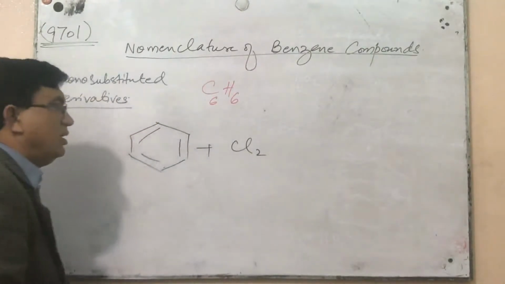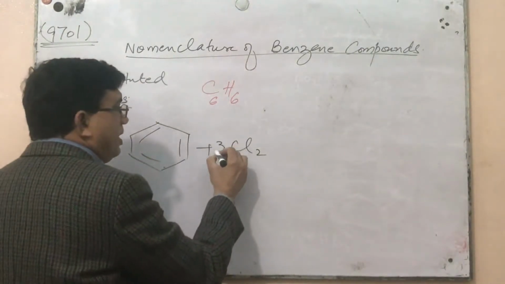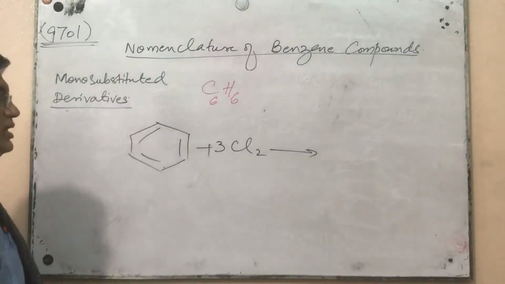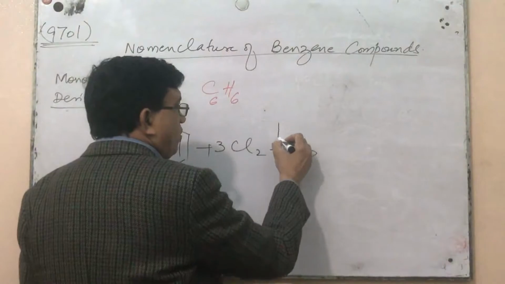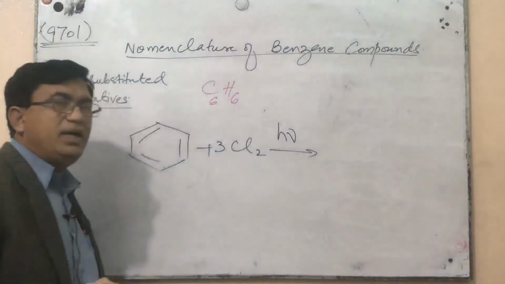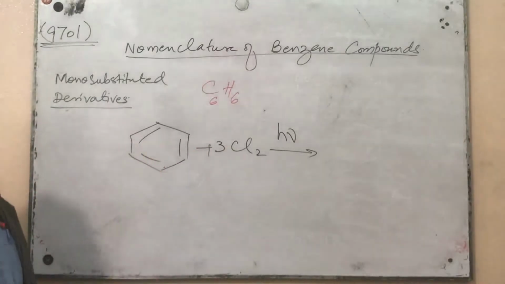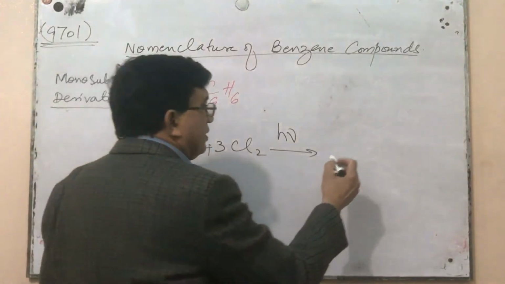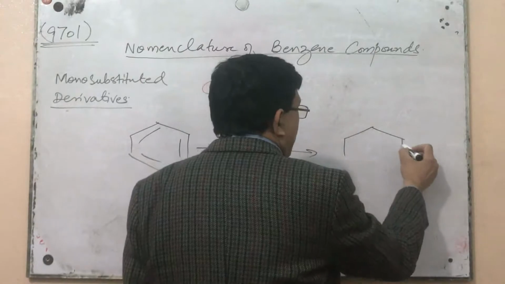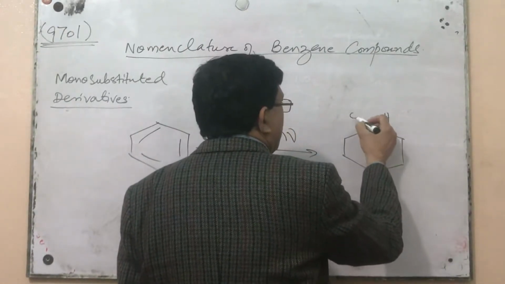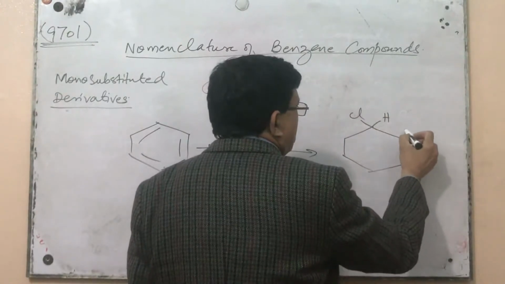chlorine, then 3 molecules of chlorine in the absence of any catalyst will give an addition reaction, and the product will be formed just like this, with HCl.